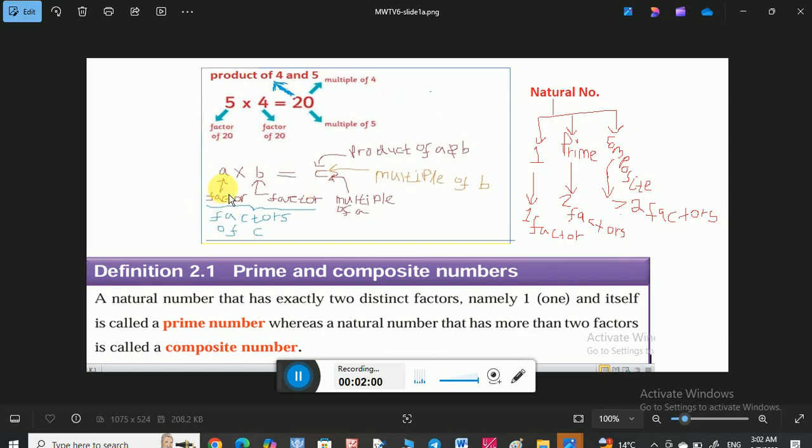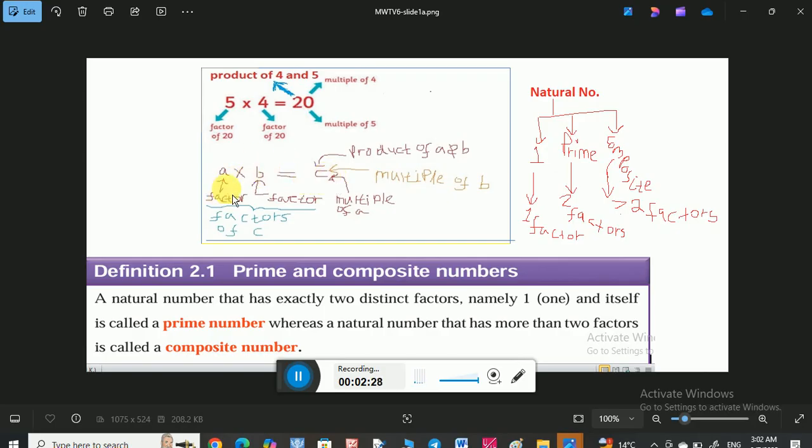If we have the product of two numbers, say a times b is equal to c, where a, b, and c are natural numbers, c is called the product of a and b, or separately c is called a multiple of a. We can also say c is a multiple of b, but we do not say c is a product of b. We say c is a product of a and b. c is a multiple of a, c is a multiple of b.